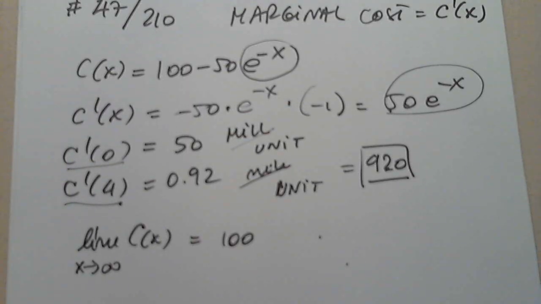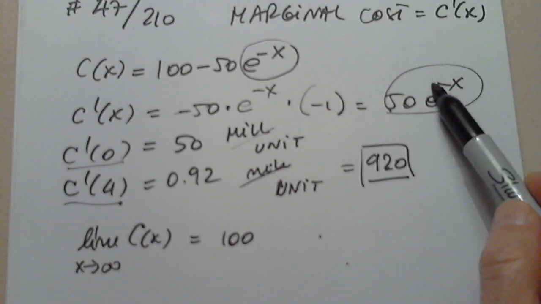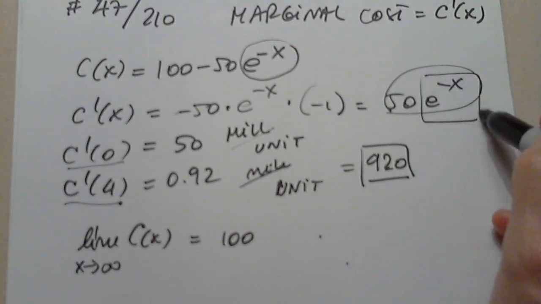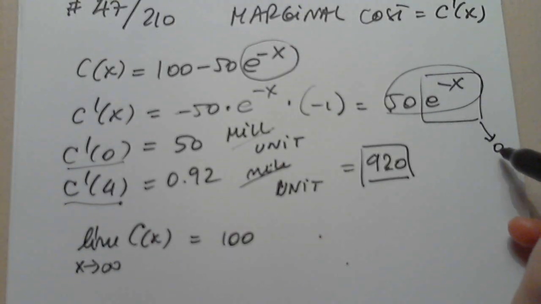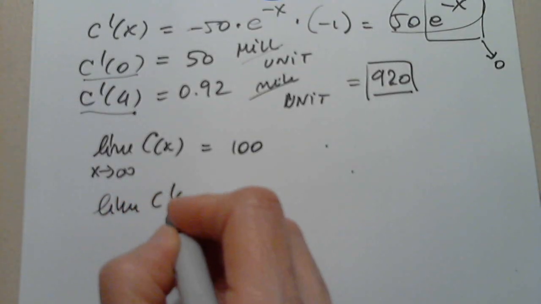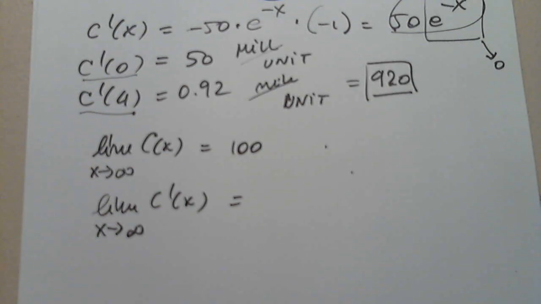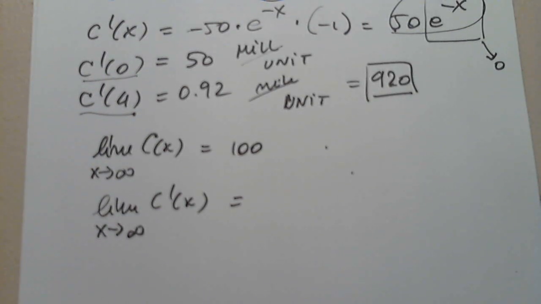Good. They also want us to determine the limit of c prime when x approaches infinity. So when x approaches infinity, remember this approaches 0. And 0 times 50 is 0. Very easy to put in the calculator if you want to convince yourselves or if you want to check.